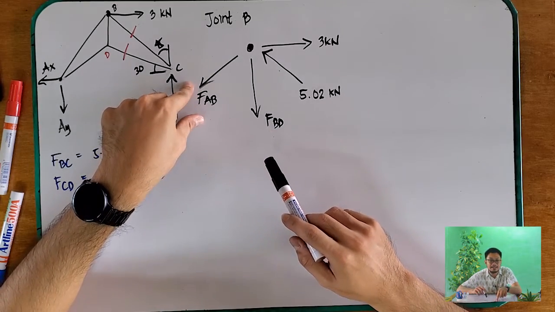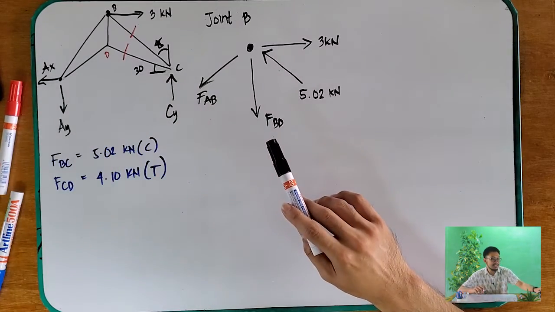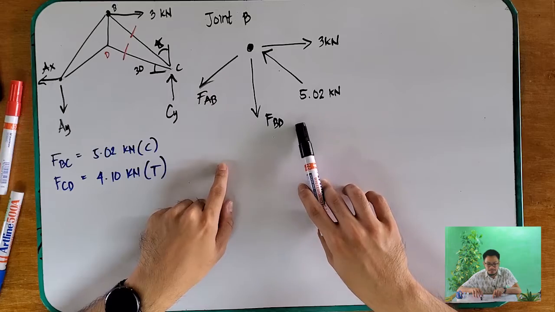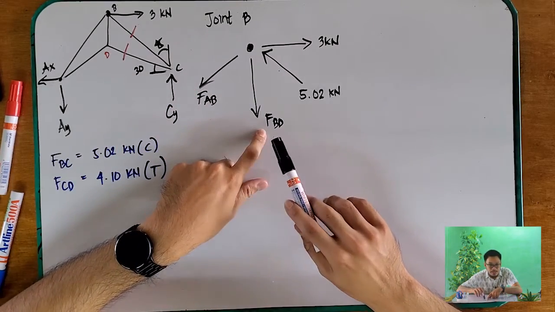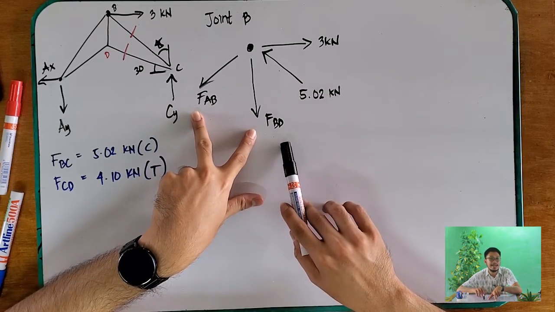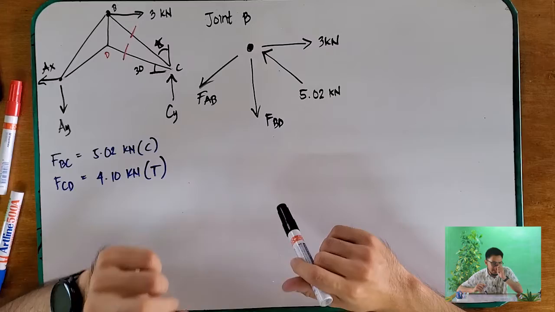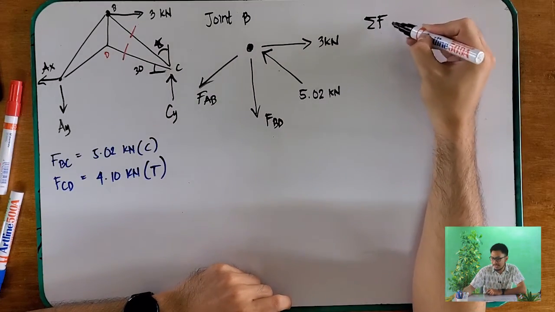But if you sum forces along the y, this one also has a y component and this one only has a y component, so you have two unknowns. So you start with the one with one unknown: the summation of forces along the x.